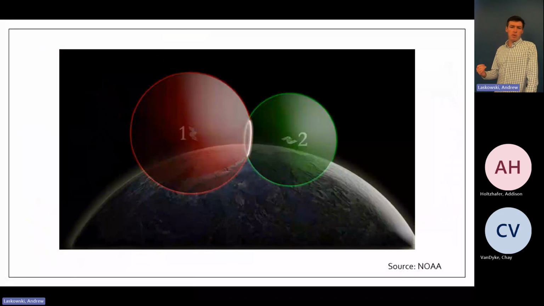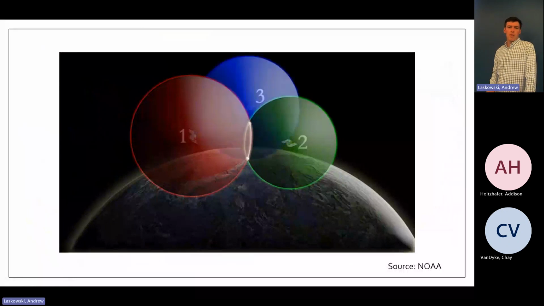If we add 2 satellites into the picture, you're a little closer to satellite 2. Your possible locations are where those 2 spheres are intersecting. So in this case, you could be anywhere along this circle defined by the intersection of those 2 spheres. If we add a 3rd satellite, we can narrow that down to 2 unique points.